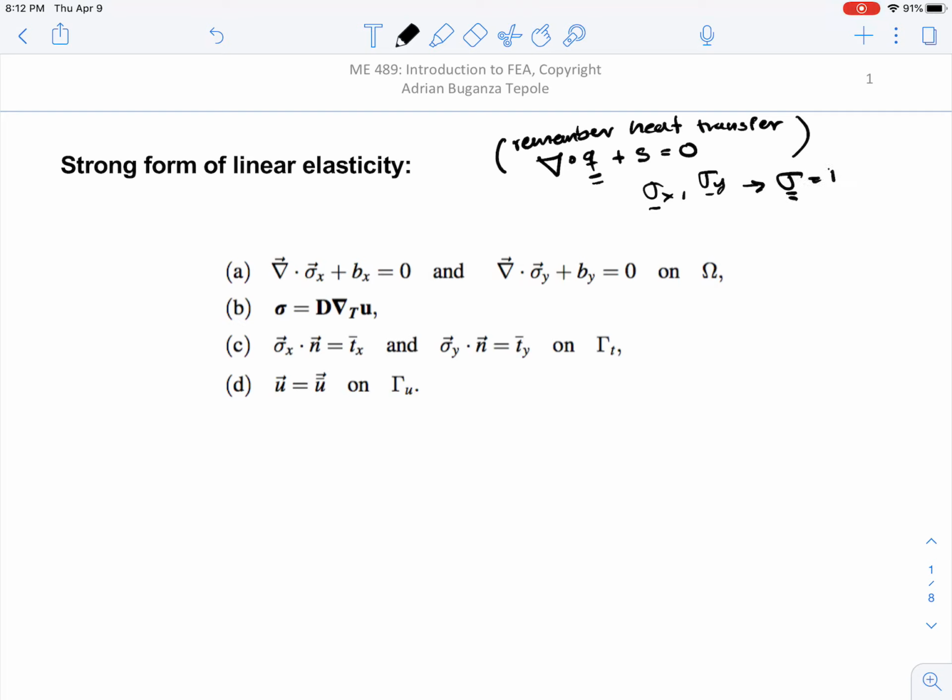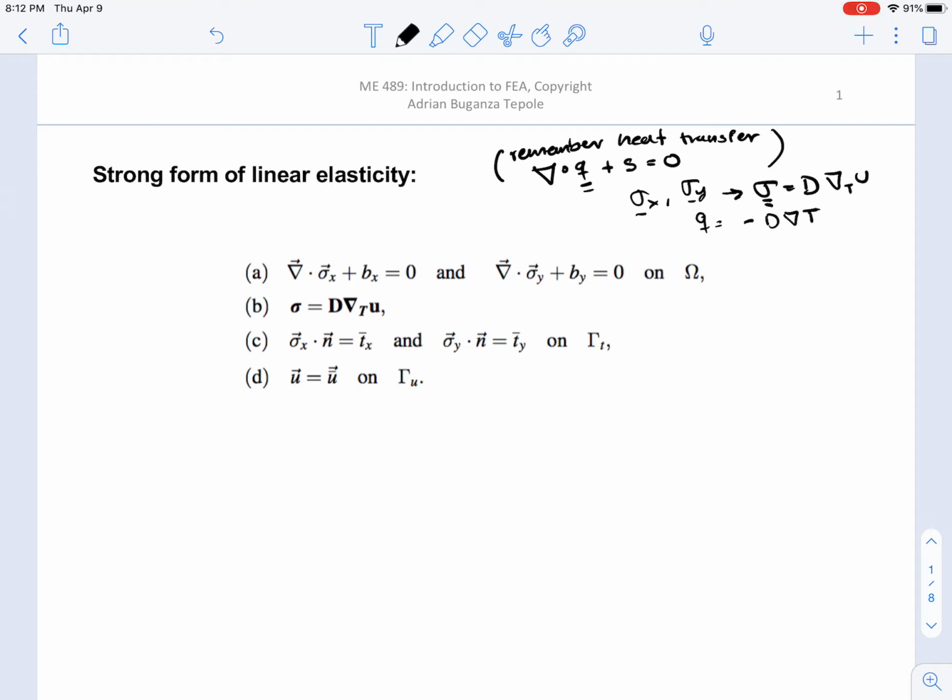And what is the equivalent thing that we had in the heat transfer problem? We had Q was minus the gradient of the temperature. So in a way, hopefully that helps you see that these two equations right here are sort of like the heat transfer problem. This is also like the Fourier law for heat transfer.